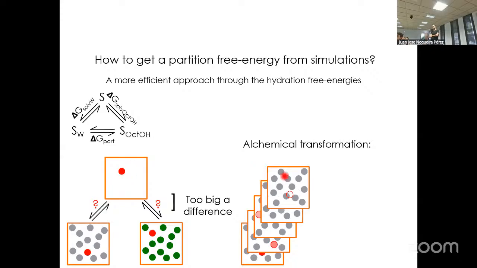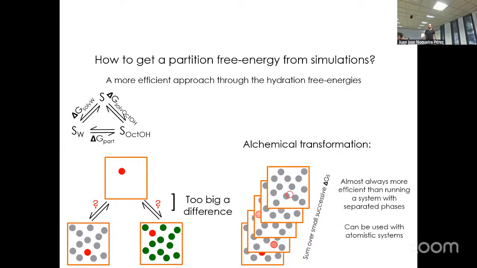So in the end, this is analogous to that system, because our solute is already what's called decoupled from the solvent. Because the differences in phase space visited by each of these states are much smaller, we can sum over these small consecutive delta G's to get an overall delta G. So that's how we get the free energy from simulations.